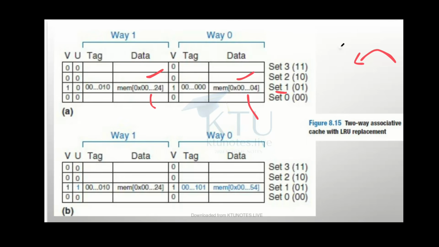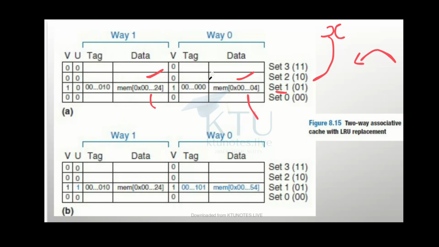Now what happens if another data comes which also belongs to set 1 itself? Let's say that address is X, which also belongs to set 1. Then any one of these has to be removed. Now there is a choice: either we can remove this or we can remove this. So we have to think about what to remove.